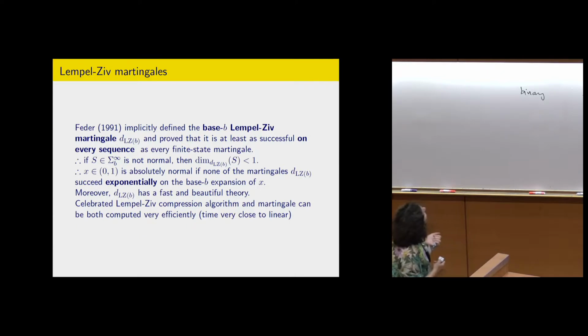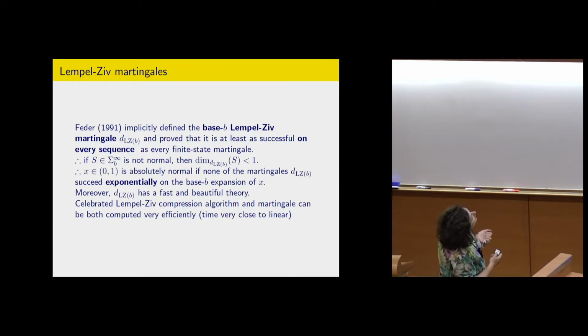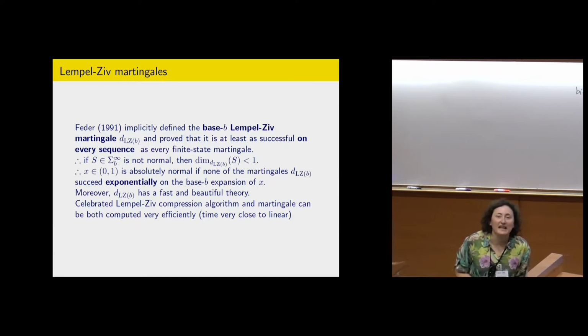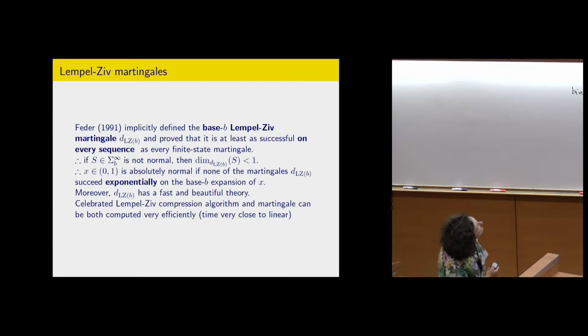So actually, if S is not normal, then the Lempel-Ziv martingale has a very high growth rate. That would correspond to saying the Lempel-Ziv dimension of S is less than 1.